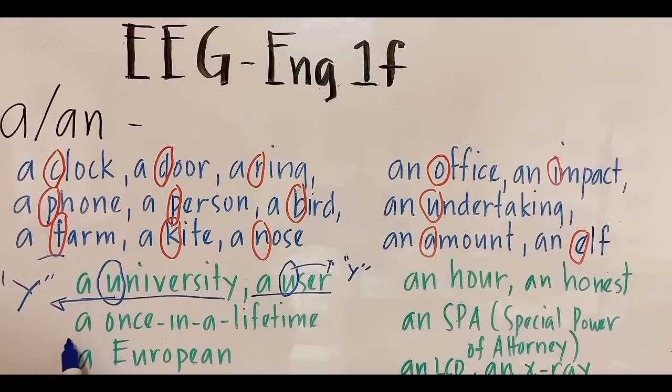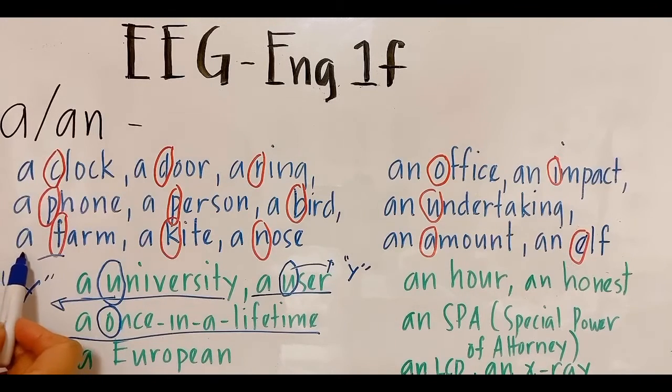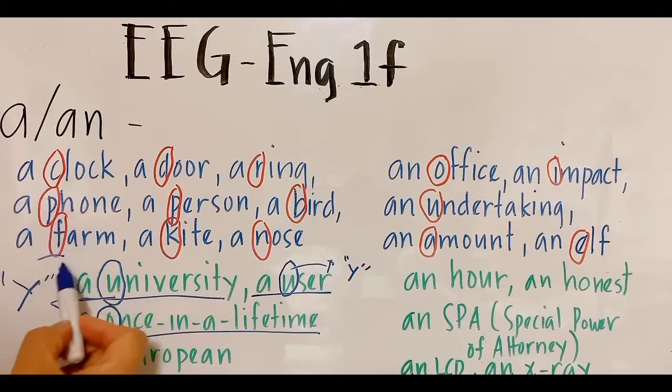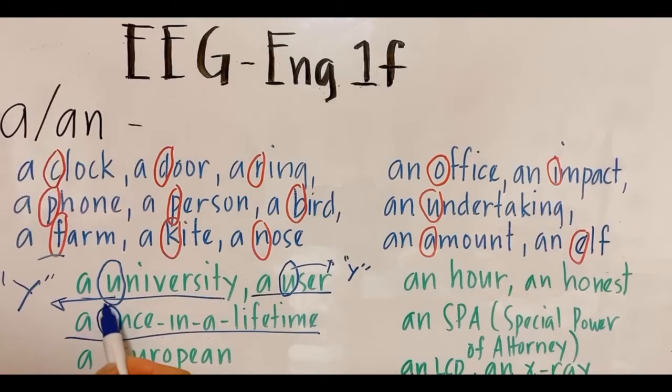Now let's go to this one: a once in a lifetime. Once starts with another vowel, the O. We said that a is used when the word after it starts with a consonant, but here it starts with a vowel.